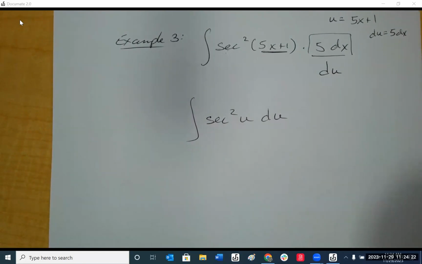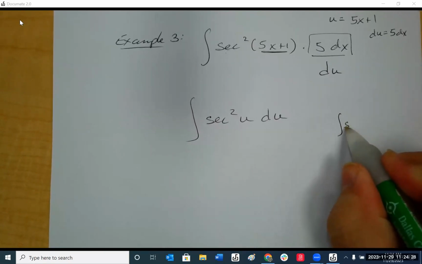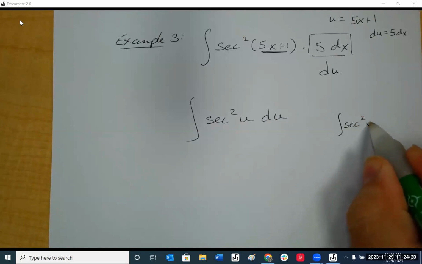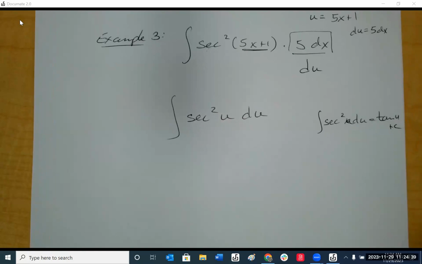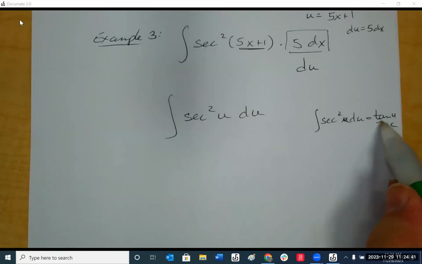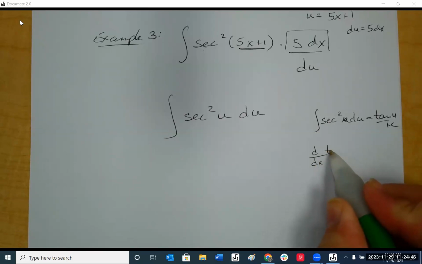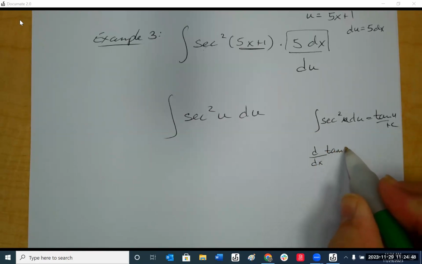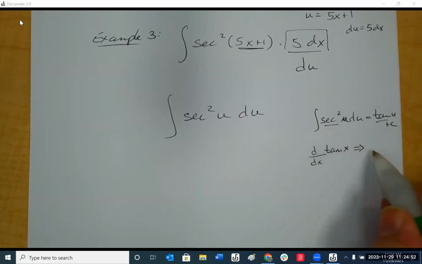What I want you all to get used to also, instead of looking in the cheat sheet for just this type of function, secant squared u du equals tangent u plus c, look the other way. See which one has this as the derivative.